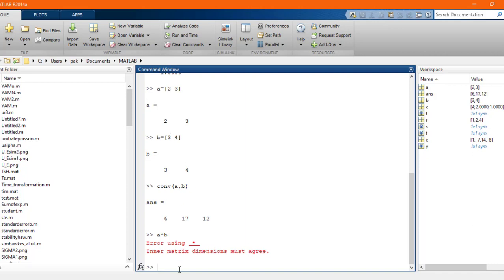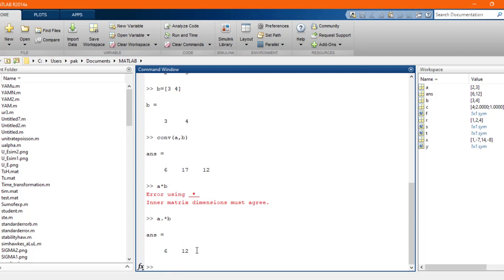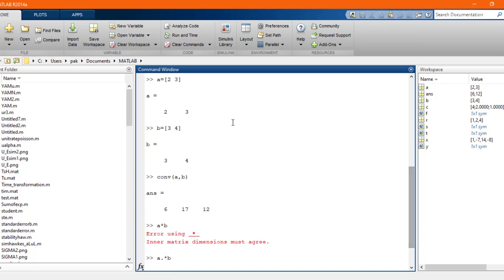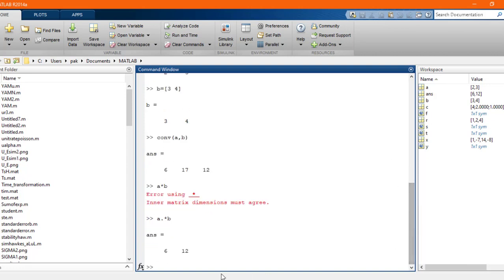So that's the point. If I apply A dot asterisk B, then we can see that we get 6 and 12. Dot asterisk means that it would multiply the vectors point by point.